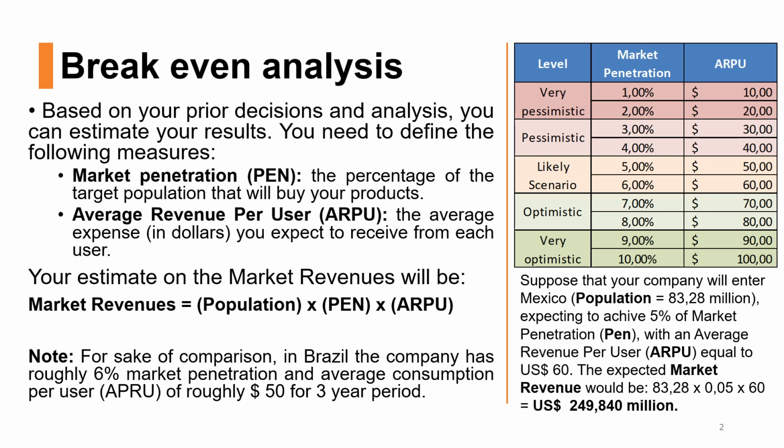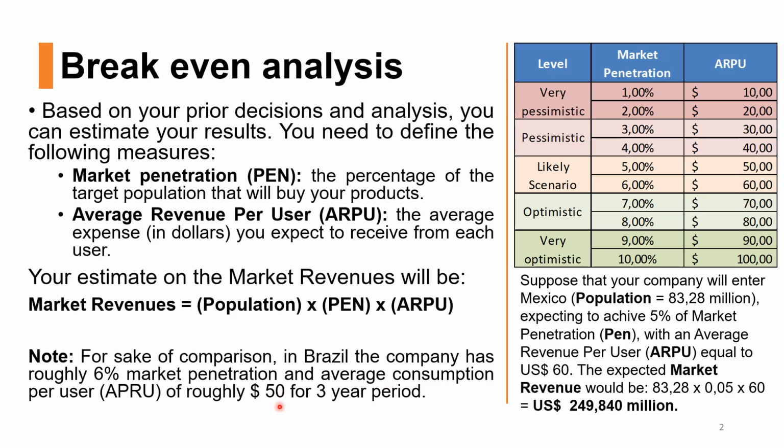So just to give some examples, in the simulation, the market revenue will be basically equal to the population of the country multiplied by the market penetration multiplied by the average revenue per user. For the sake of comparison, in Brazil, nowadays, Hotmart achieves something like 6% of market penetration, and the average revenue per user is something like $50 in a 3-year period.